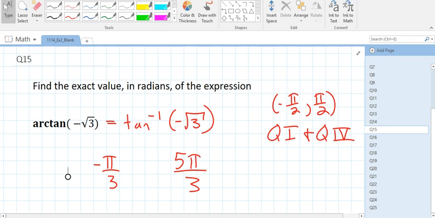The reason why it is wrong is because it has to be within our interval. And our interval goes from a positive pi halves to a negative pi halves. So you would need to convert this 5 pi over 3 to its greatest negative coterminal angle, which would be subtracting 2 pi to get you the answer of negative pi over 3.